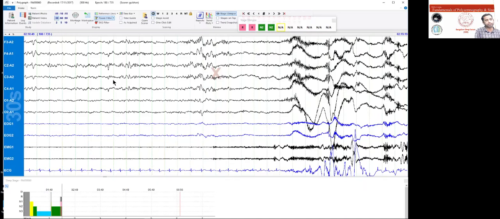For OSA patients, arousals are very important, as are respiratory effort related arousals. Yes, with the arousal, major body movement can also happen.